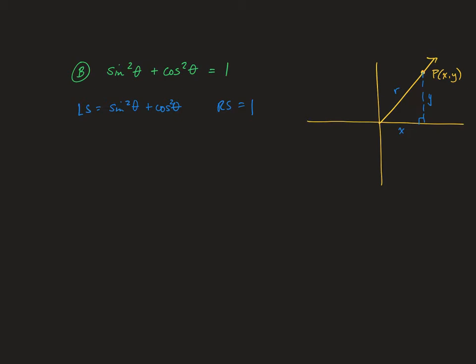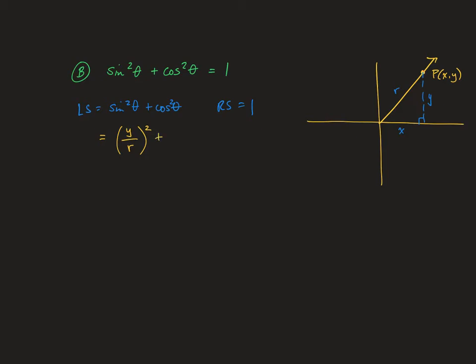Okay, now I can use my diagram to substitute in values. I see in that diagram that sine is opposite over hypotenuse, so that is y over r. Now, that says sine squared, so I know I need to square my whole ratio.